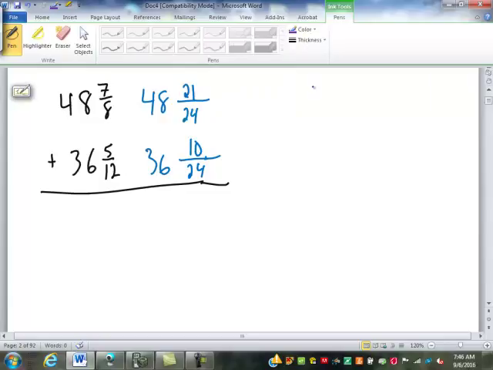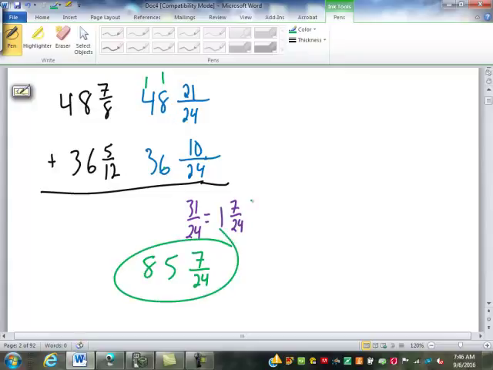So we had 21 and 10 does make 31 24ths, which splits up to be 1 and 7 24ths. So we will keep the 7 24ths and carry the 1. So you got 1 and 8 makes 9, plus 6 is 15, so 5, carry the 1. 1 and 4 is 5, plus 3 is 8. So 85 and 7 24ths. How many of you had that? Good.